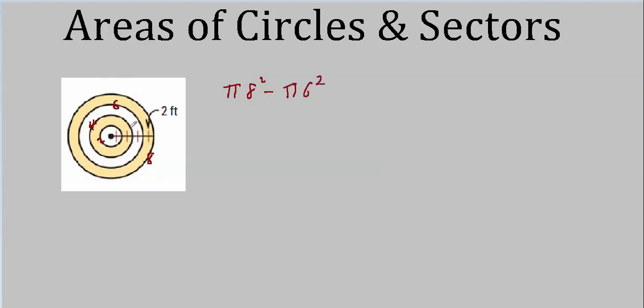Now, we want the whole shaded area, so this gives us the outer one, but we have to add in the other one, and that's pi 4 squared minus pi 2 squared. Like that. But we can get rid of the parentheses if we wanted to.